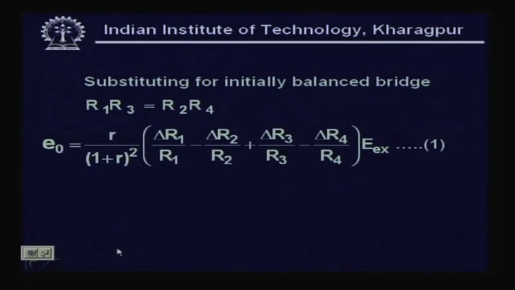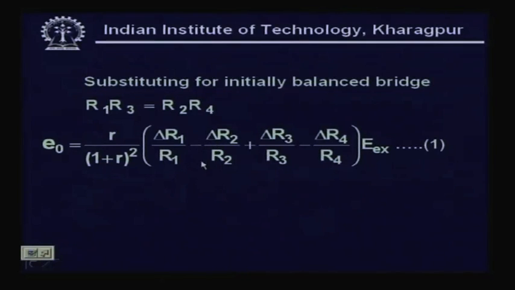Now, the output voltage or unbalanced voltage E0 can be given by r divided by (1 plus r) whole square, multiplied by (delta R1 by R1 minus delta R2 by R2 plus delta R3 by R3 minus delta R4 by R4) into E_ex. This is equation number 1.